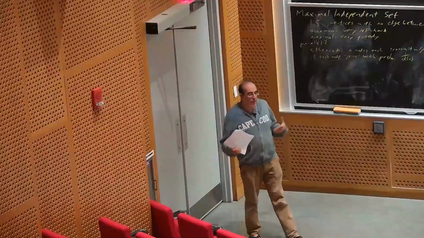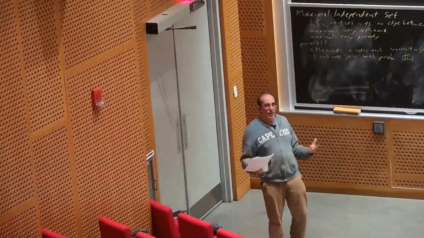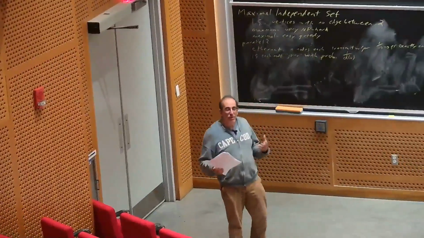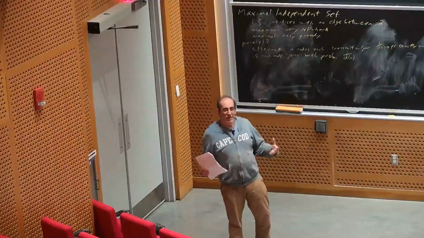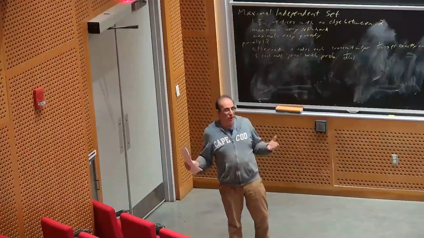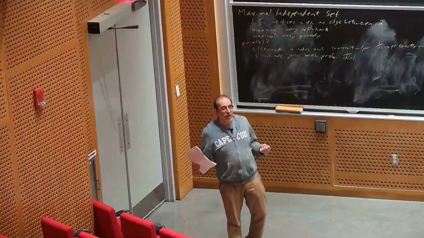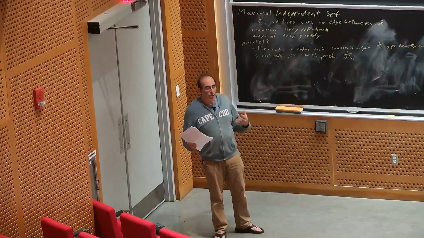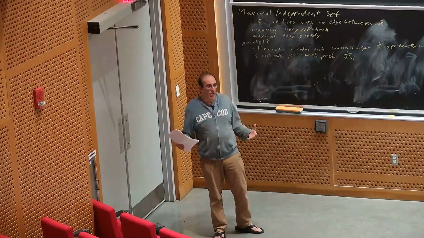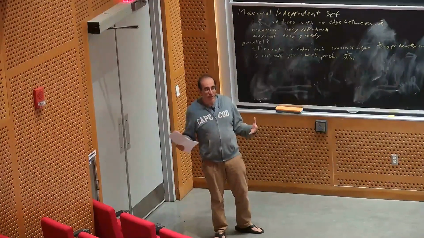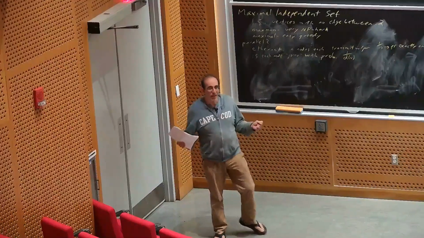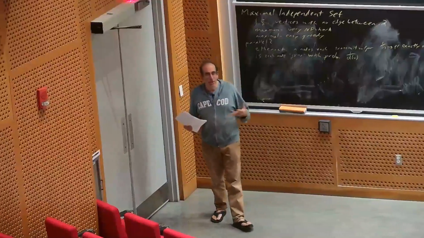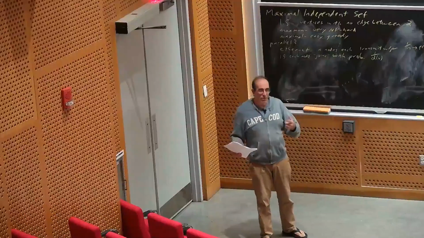If you have some degree d, then in a sense you're in contention with d other vertices to join the independent set. And so if you join with probability 1 over d, that kind of suggests that exactly one of you will join the independent set, right? But this relies on an assumption which is not generally true because you're kind of projecting your own degree onto your neighbors, right? If every vertex had degree d, then having every vertex join with probability 1 over d would kind of make sense.